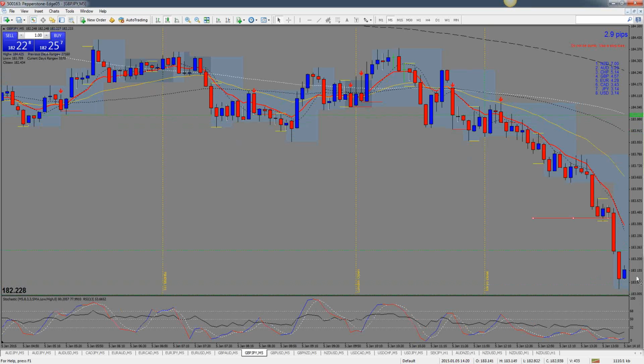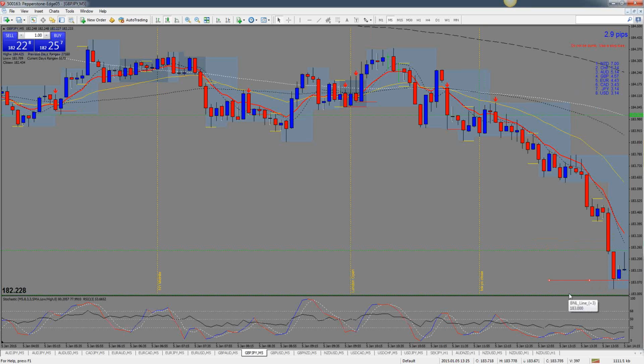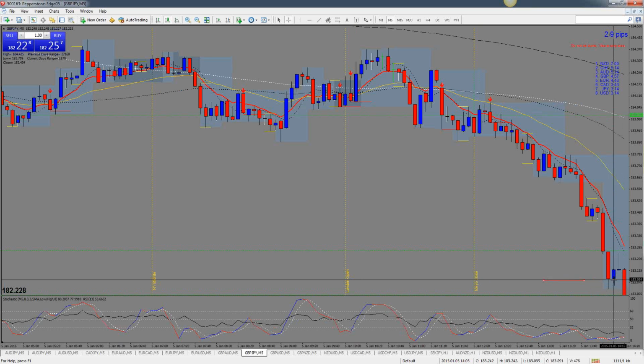So we're going to continue. We now have another inside bar right here. Okay. Right there, that would be my entry on that inside bar. Okay. And there it is.